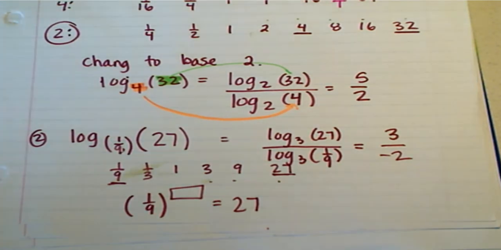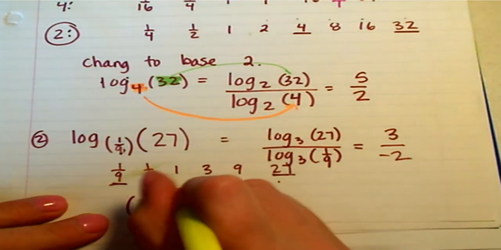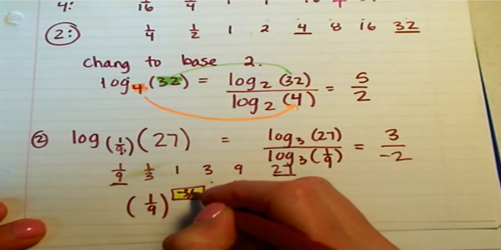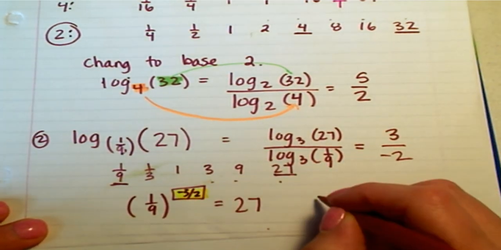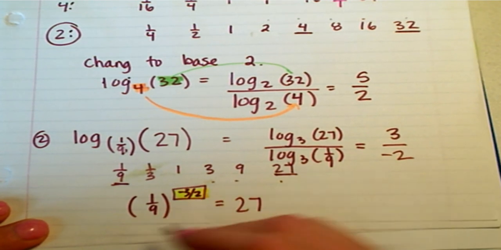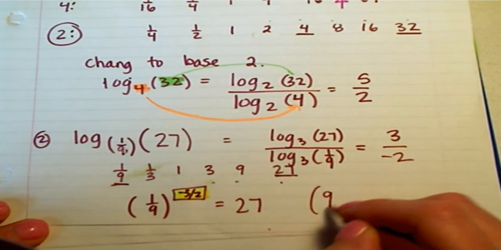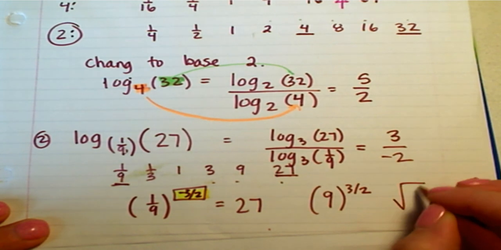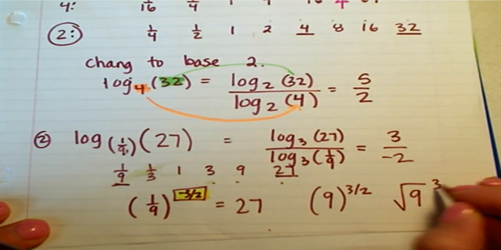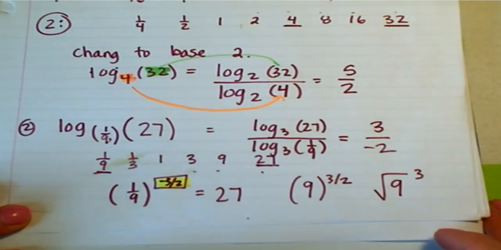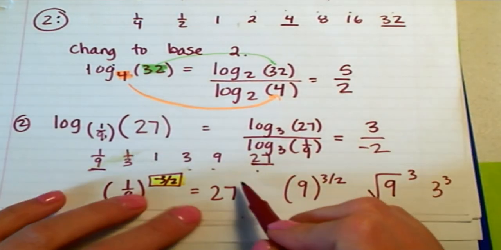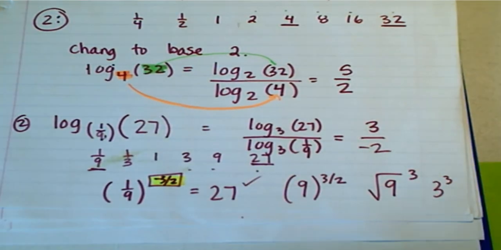And that is negative 3 halves. So that's a reciprocal, right? It's a reciprocal. It's a root and a cube. Look at those rules all coming back. 3 cubed, 27. Nice job, guys. Boom. 9 minutes, 12 seconds.